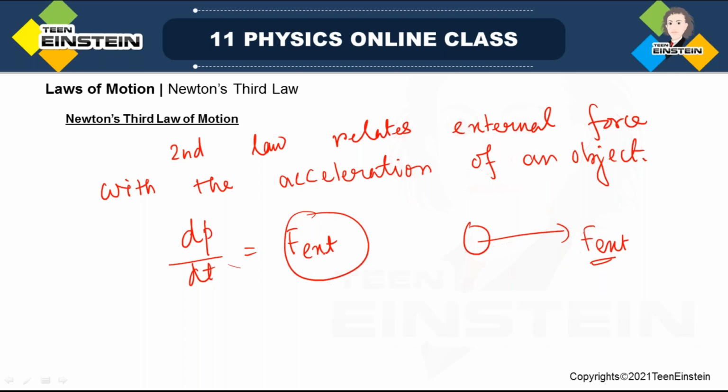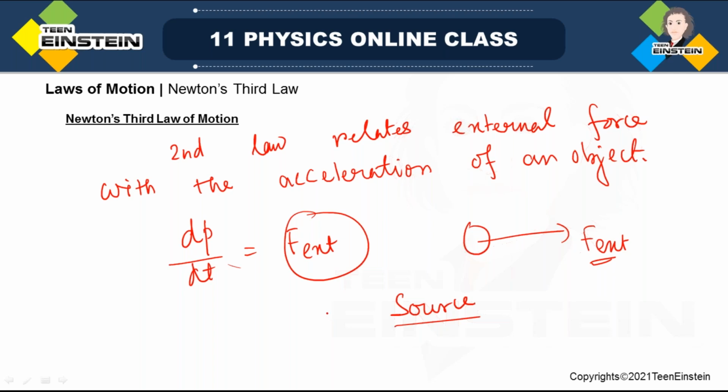The second law was dealing with the force, but we haven't talked there about the source of the force. Obviously you need some source of the force or external agency to apply the force.